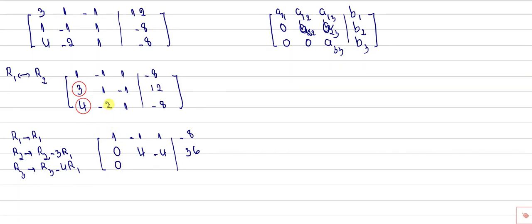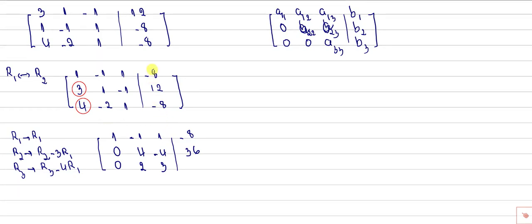This one 2. 2 minus 4 times this one plus 4. Minus 2 plus 4 is 2. This one is 1, and this one is 4. 1 minus 4 is 3, because this is 1, this is 4.